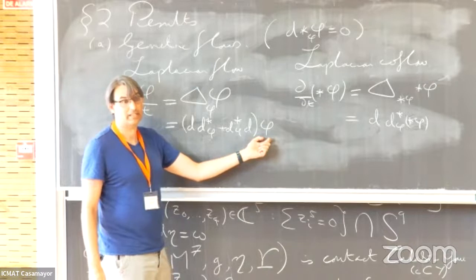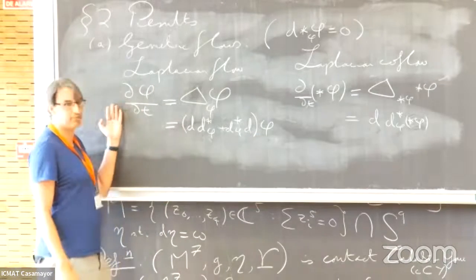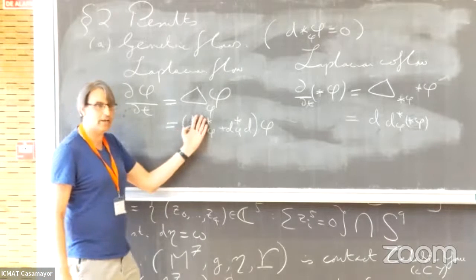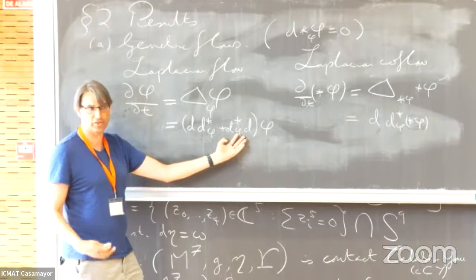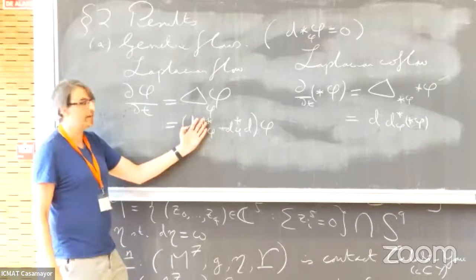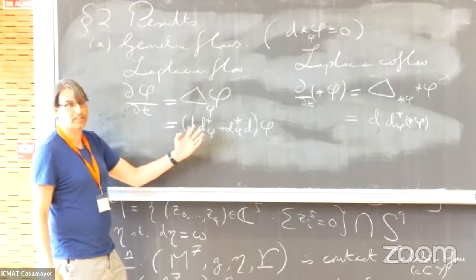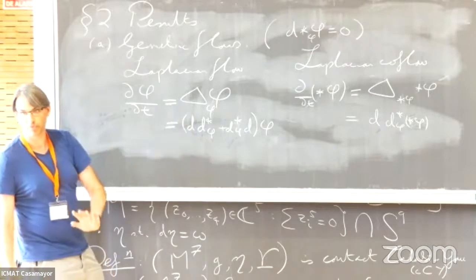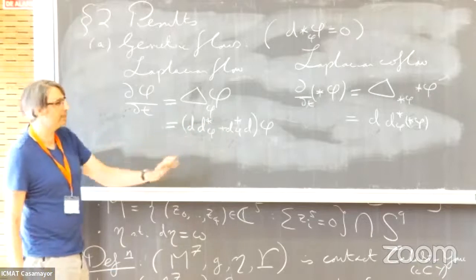It's actually not clear that the co-closed condition is even preserved by this flow. It looks like I should be able to just throw that one away and it always stays co-closed, right? In fact, it should be co-exact, it should move in co-exact directions, but that's actually not known. And in fact, it might be false. It might be the case that it instantly moves it out of the co-closed regime. So I'll keep it there.